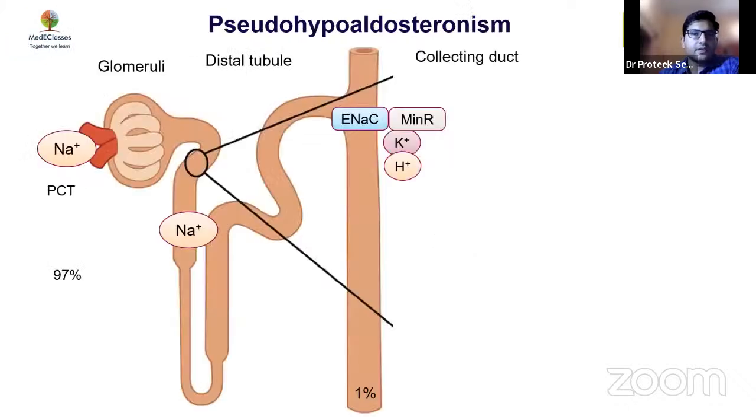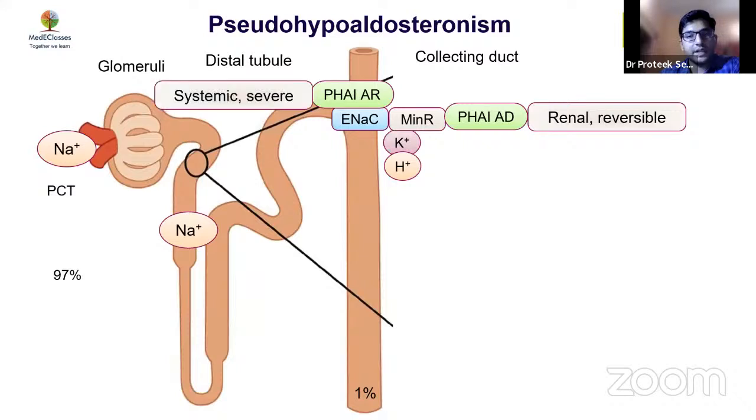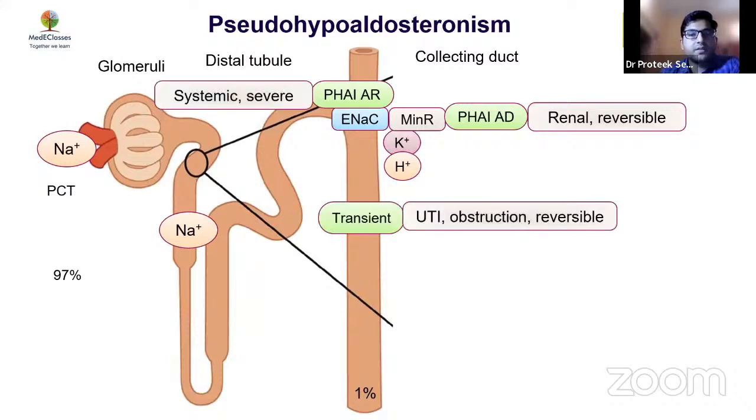Now, coming to decreased aldosterone levels and more commonly pseudohypoaldosteronism. Pseudohypoaldosteronism is basically caused due to either the mineralocorticoid receptor defect, which might be a slightly less severe disease, but a more severe disease might be caused by the autosomal recessive problem, that is the ENaC defect. There might be systemic involvement, and transient causes include UTI, obstruction, and these are reversible.